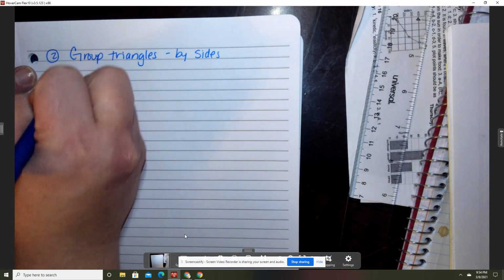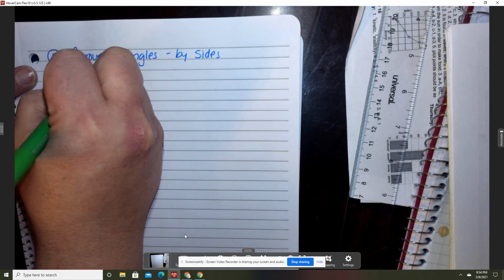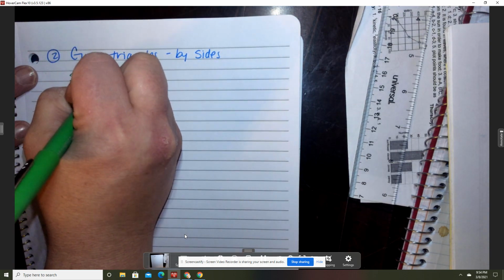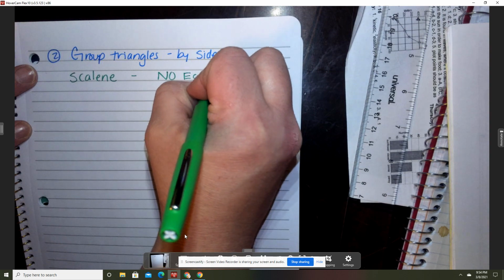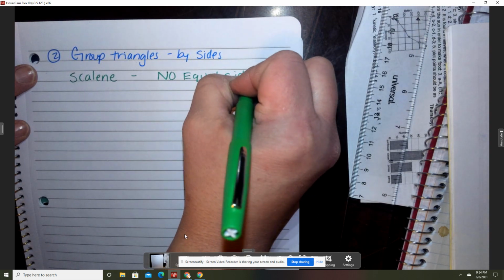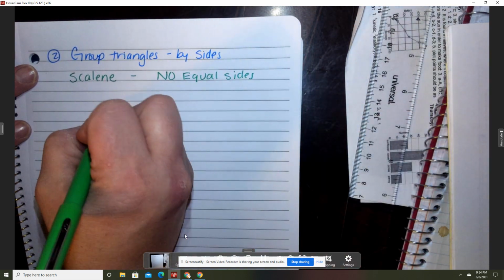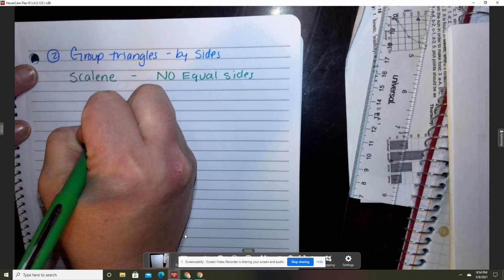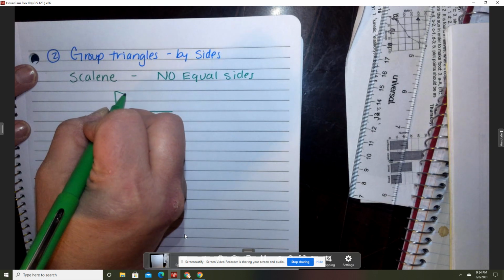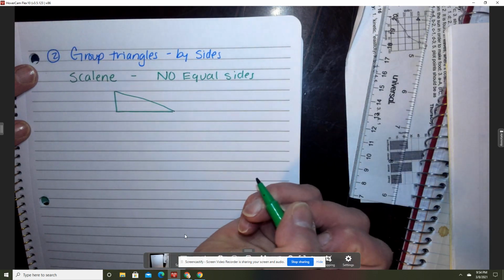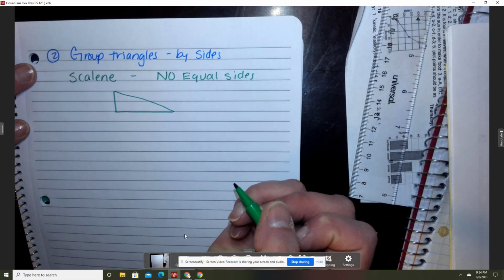So the first one is a scalene triangle. And this has no equal sides. All right, none are equal. So that is a scalene.